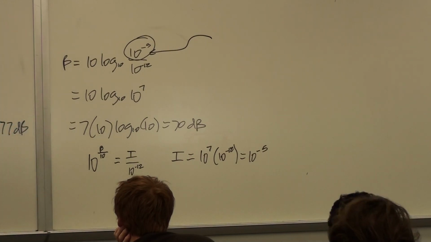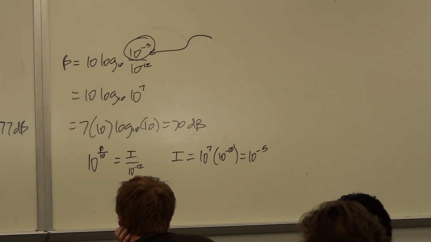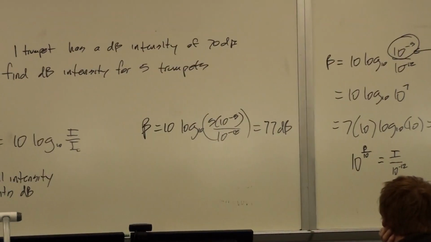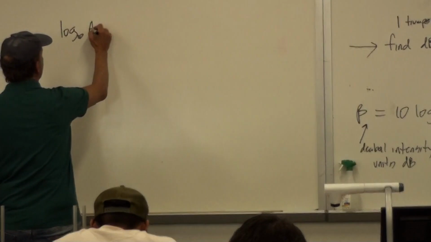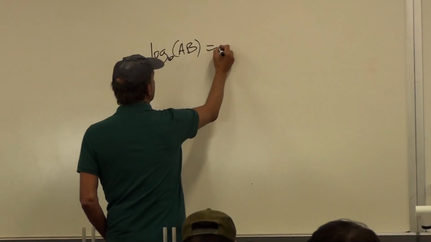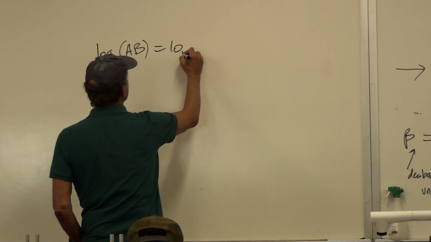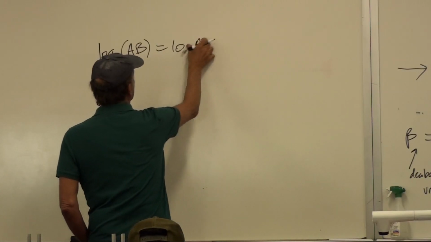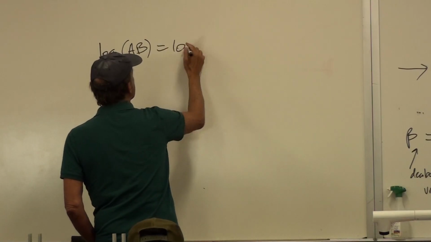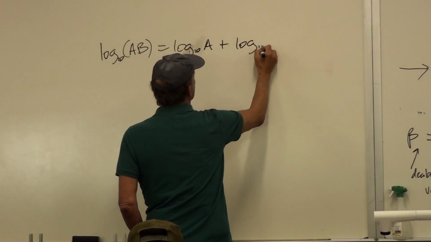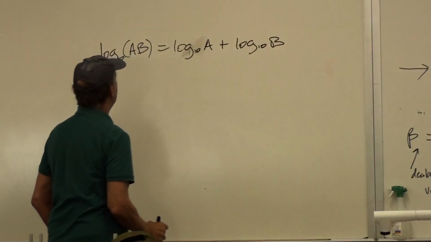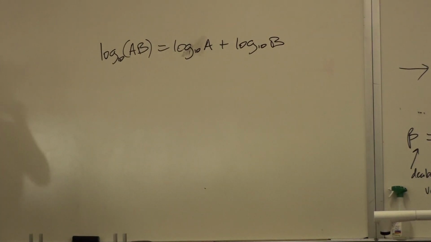So that's certainly one way of doing it, and it is a very legitimate way. I wanted to show you one other way you could do it. The other way is to use the fact that the log base 10 of AB is equal to the log base 10 of A plus the log base 10 of B, like that.